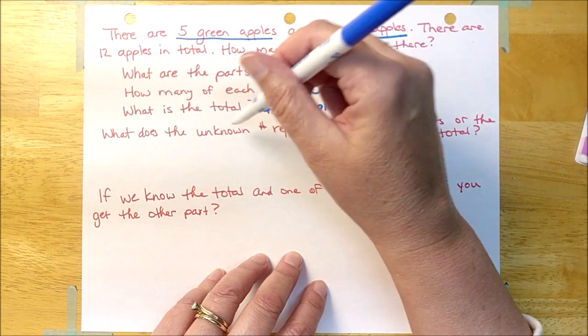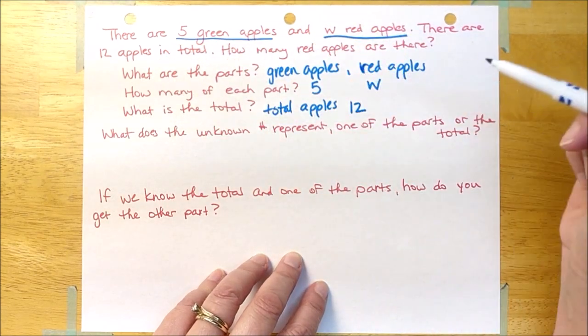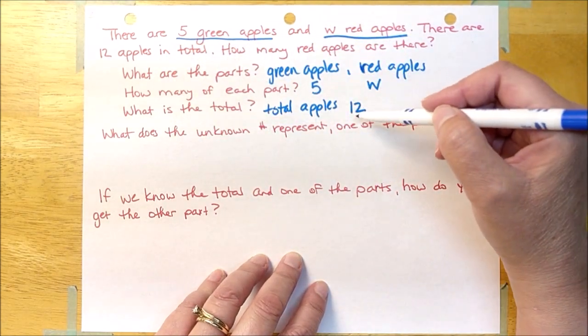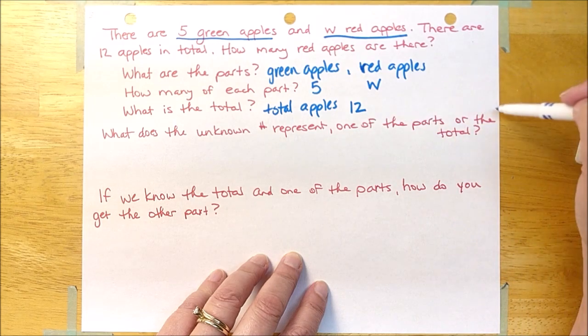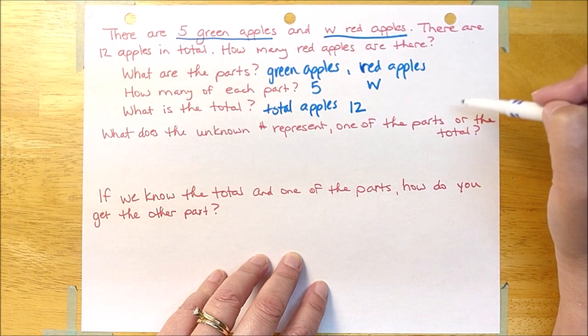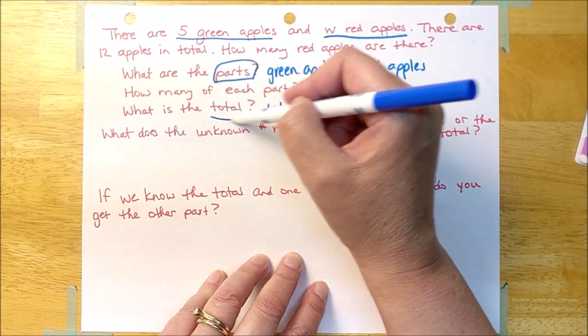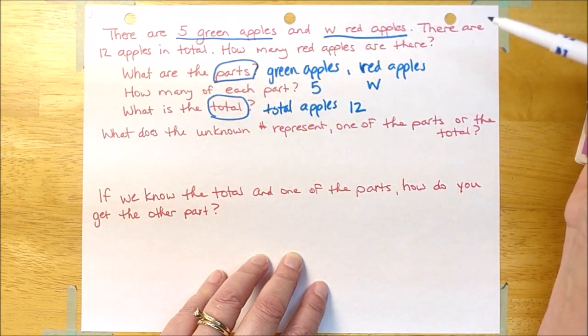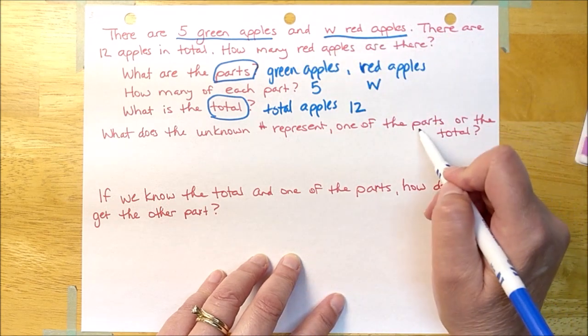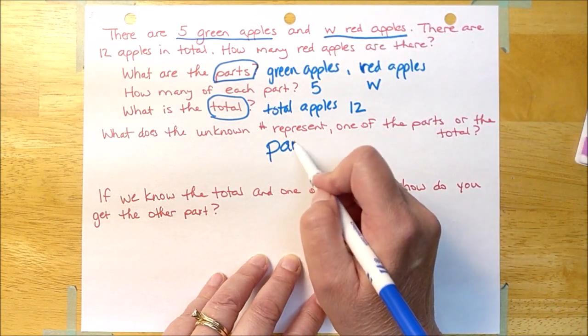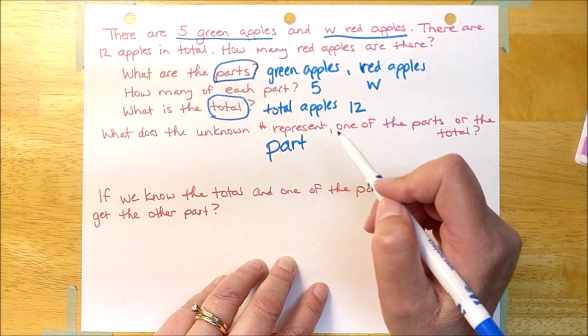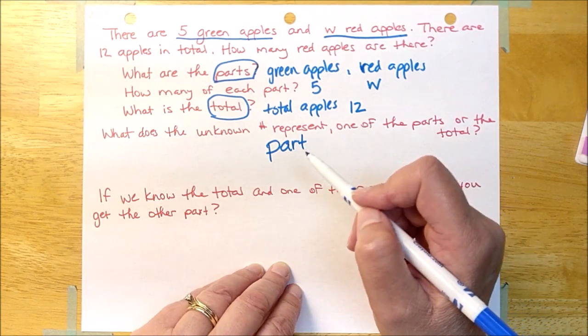Now we have to ask ourselves this question. What does the unknown number represent? Is it one of the parts or one of the totals? So the unknown number, is it a part of my parts or is it a part of my total? I hope that you can see that we put it under parts. So it is a part of the part section.